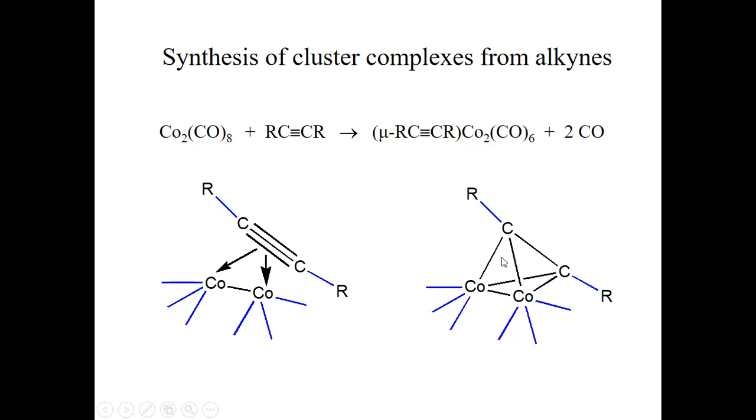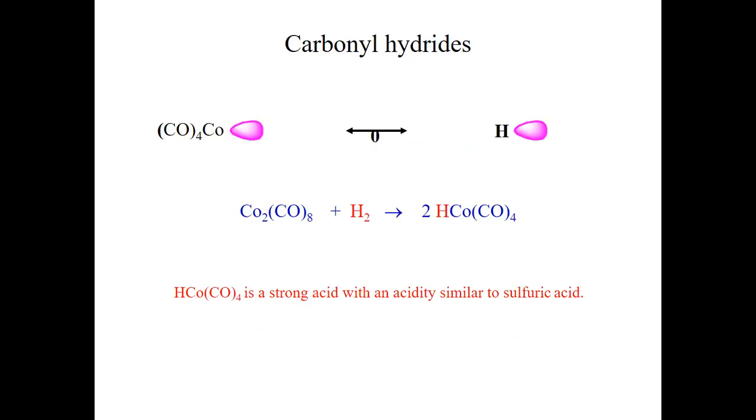Okay, so your cluster would lose 2 CO ligands, and your alkyne would bind with its pi electrons to the 2 cobalt atoms.